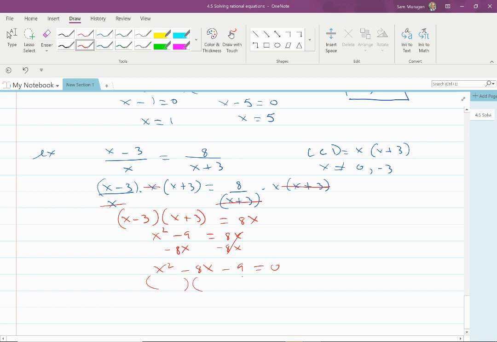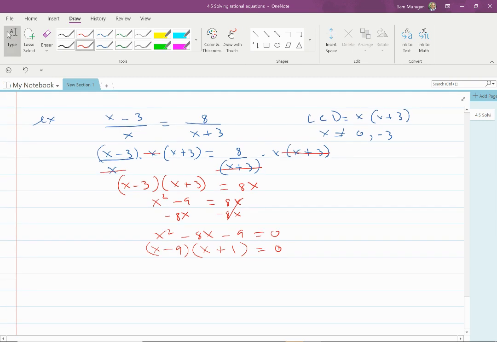Factoring, x minus 9 times x plus 1 is equal to 0. So x minus 9 is equal to 0, so x is equal to 9, and x plus 1 is equal to 0, and take away 1 from both sides, so x is equal to negative 1. So two answers, negative 1 and 9.